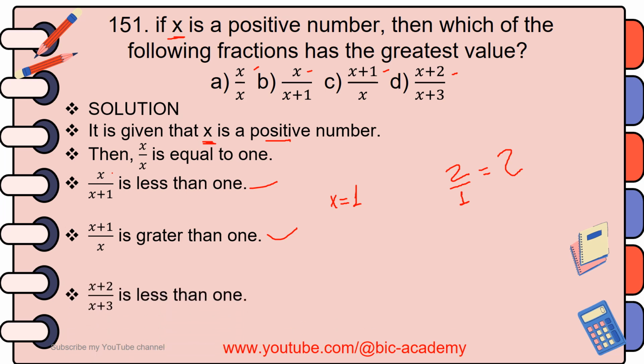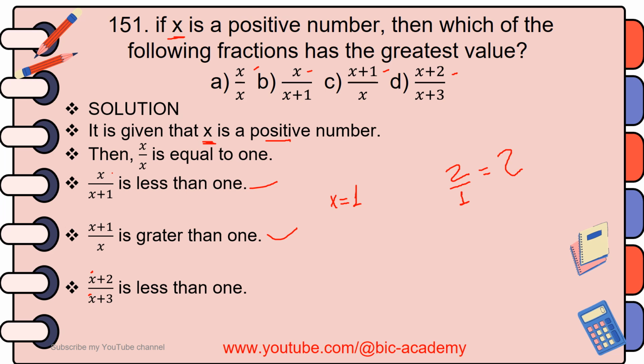What about choice D? x plus 2 over x plus 3. There is x on the numerator and also x on the denominator. Again, you add 2 on the numerator and 3 on the denominator.